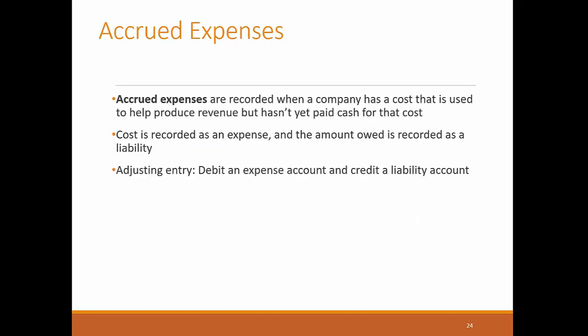Okay, accrued expenses. So this is like the flip side of that one, where they are experiencing or incurring an expense, but they haven't actually paid for it yet. So that's an accrued expense. The cost is recorded as an expense, and they credit a liability account because they're still needing to pay for that.